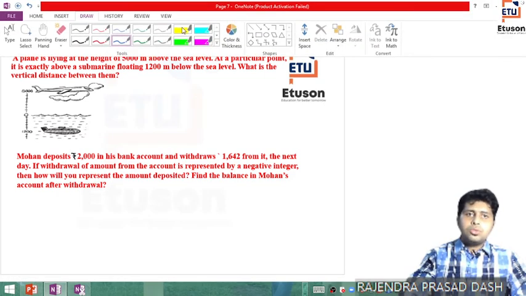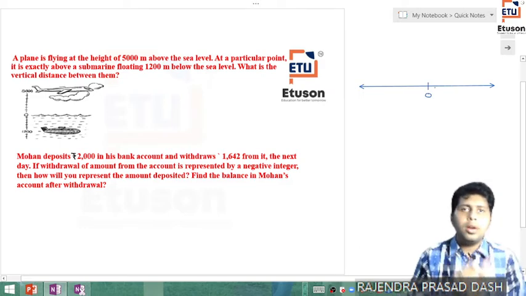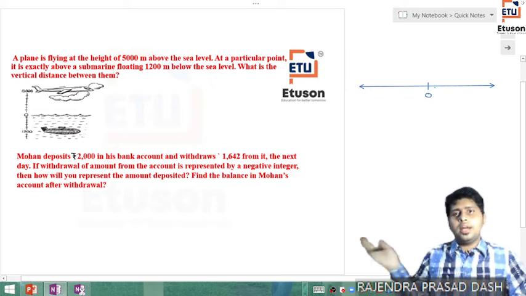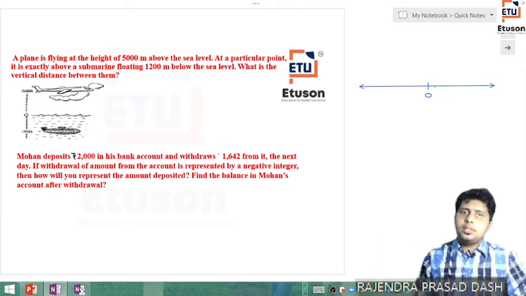So let's focus on one thing first, which I want to discuss. See, suppose this is a number line, and 0 is the midpoint of the number line. Towards the right it is positive integers, towards the left it is negative integers.